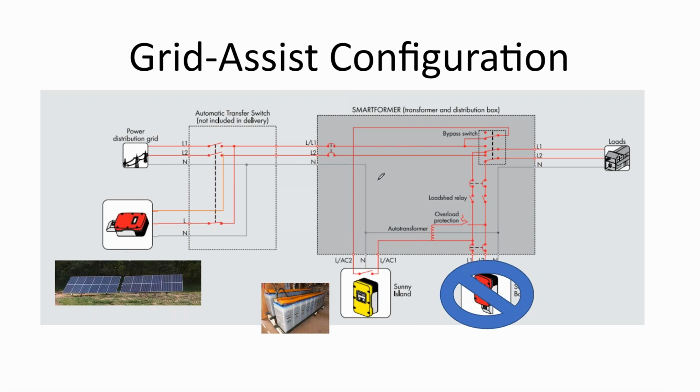Maybe if you're doing a whole building off-grid system, you may want to outflow when you can, but also have the ability to disconnect. So a lot of this stuff you can do in a variety of configurations.